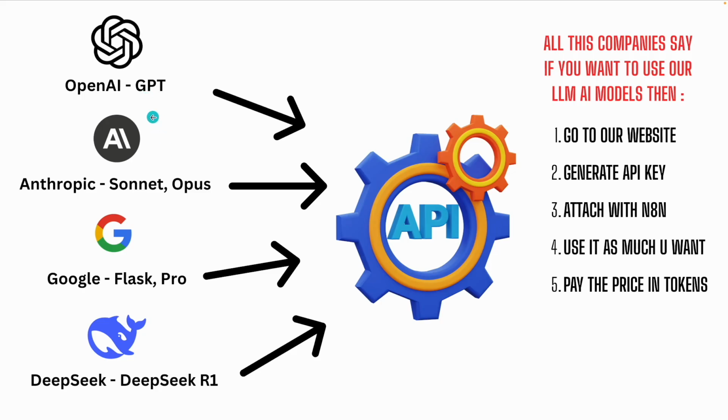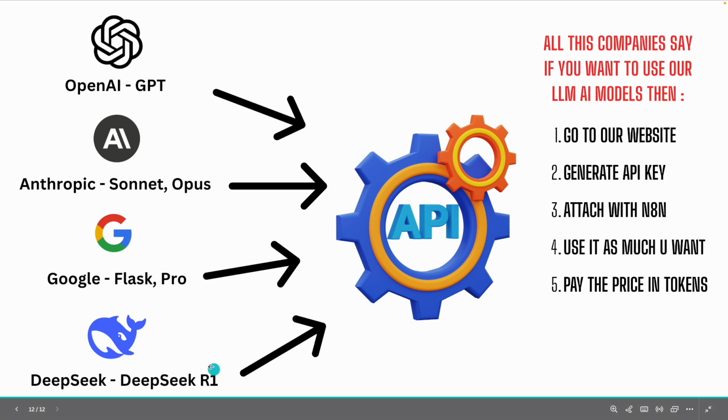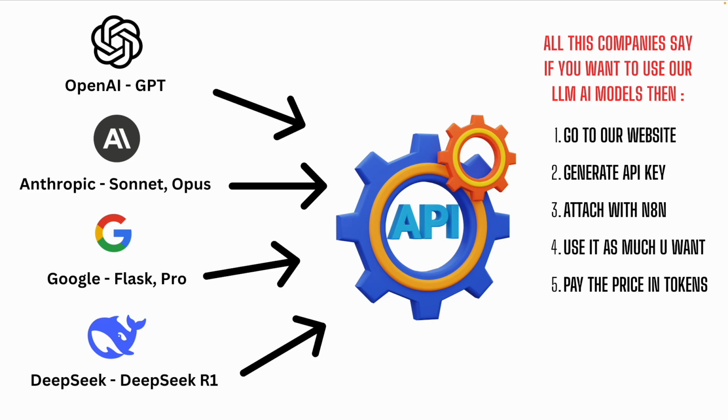So guys, what we can do is use them as a normal user in our automation, if we are creating an AI agent. At that time we use their LLM AI models, like GPT, Sonnet, Opus, Flex Pro, DeepSeek R1, and other companies' LLM AI models.